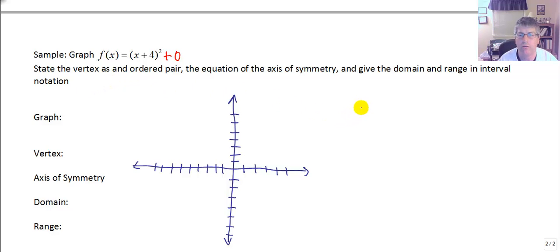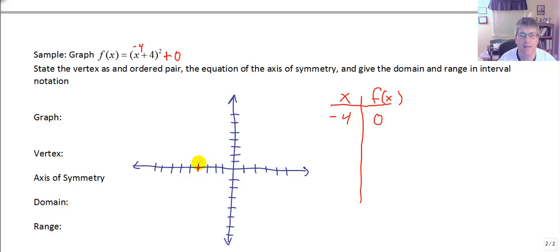So we could do a table of values if you want, where x and f of x, we know we've shifted this 4 units to the left because we are going to memorize that. So let's go ahead and put -4 in. Sure enough, if I put -4 in for x, I get 0 squared. So when I input -4, I output 0. So I'm 0 high.